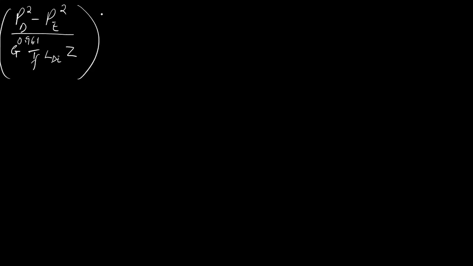So PD square minus PE square divided by G raised to power 0.961, TF LDE Z, all raised to power 0.51 will now be equal to 1.0 times 10 raised to power 6.